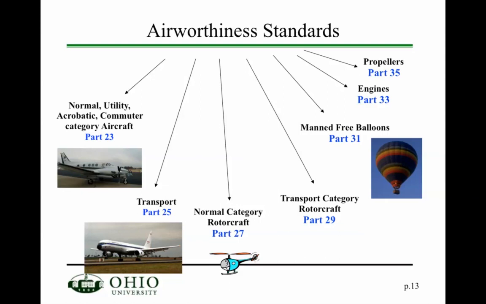Then you see also that rotorcraft has two different categories, Part 27 and Part 29, and even balloons have their own category. Since they are so important, engines and propellers do have their own category as well in terms of airworthiness standards. And one rule under Part 23 we saw already, which was Part 23.1309, which talked about the failure classification I talked about in module 1.